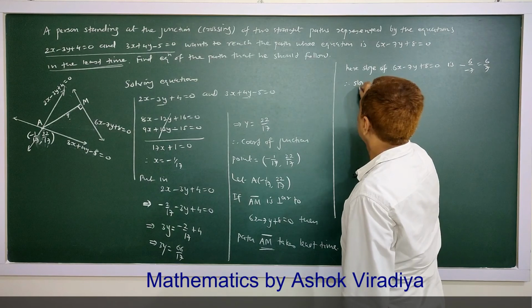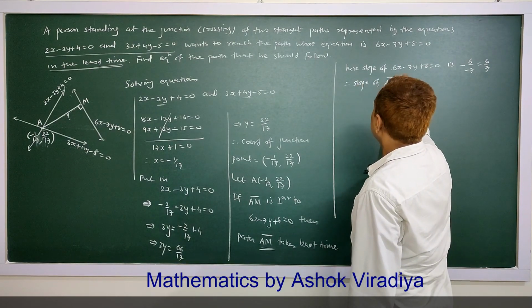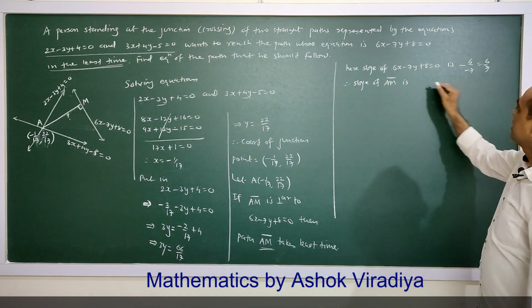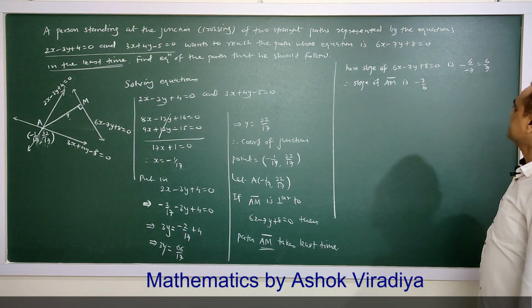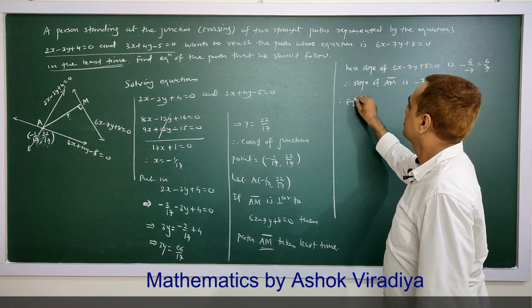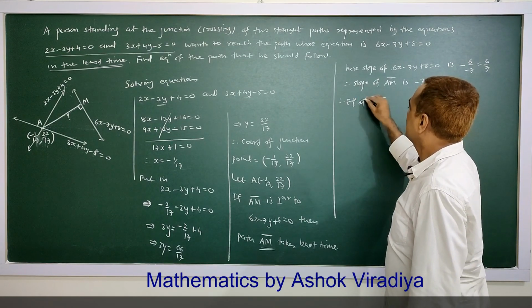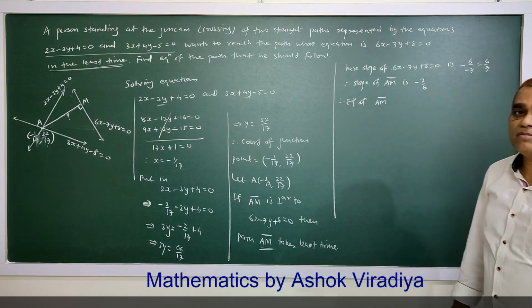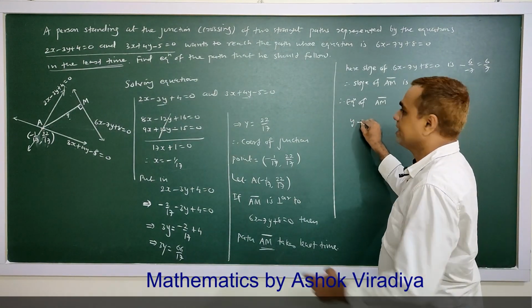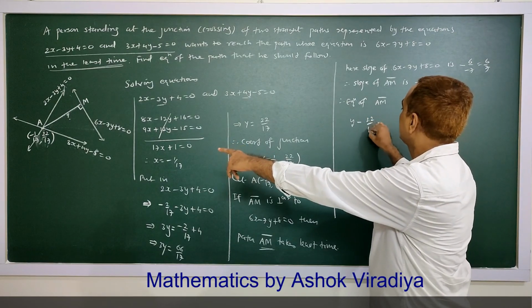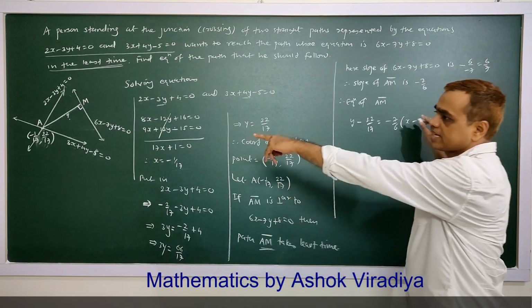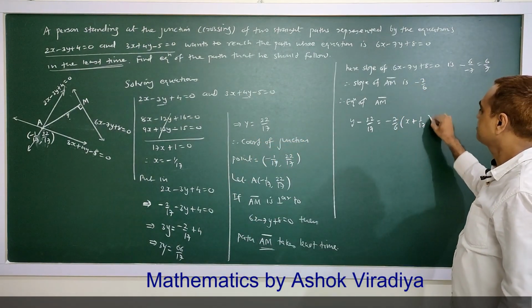Therefore, slope of AM is, because AM is perpendicular, take reciprocal and change sign, so minus 7 by 6, and hence equation of that minimum path is y minus y1, y1 is 22 by 17, equal to m into x minus x1, x1 is minus 1 by 17.